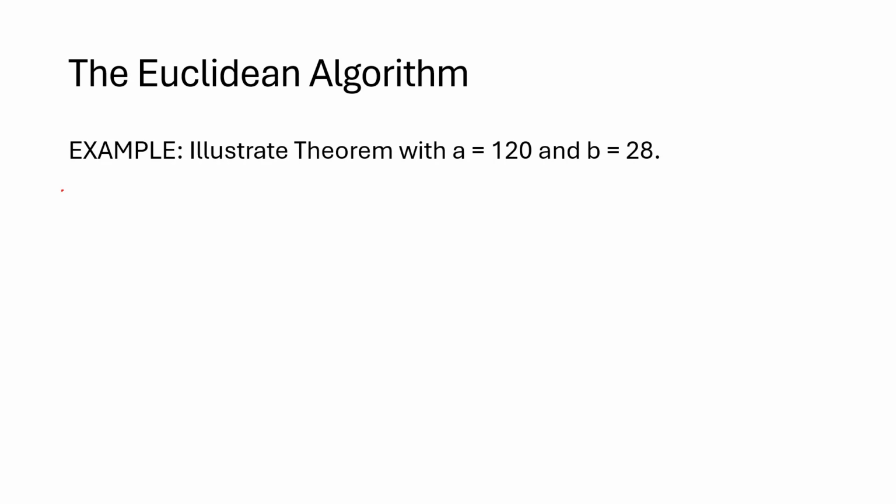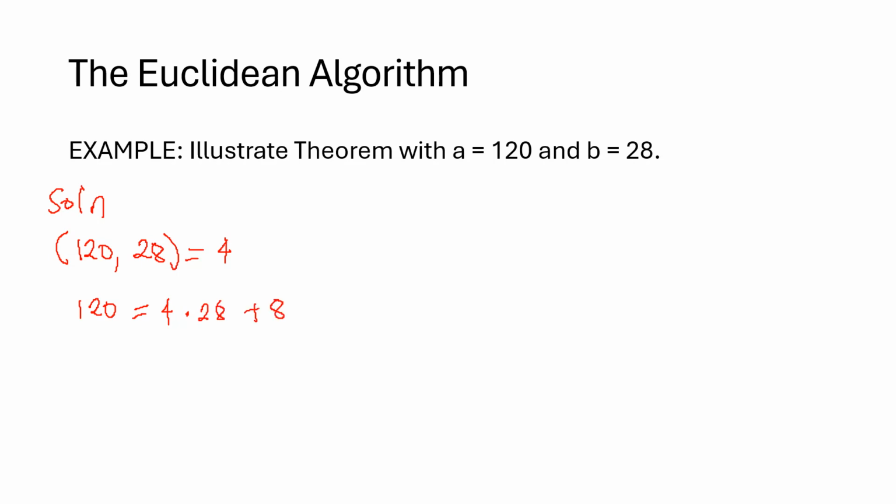For our solution, the GCD of 120 and 28 is equal to 4. Now, by the division algorithm, you have 120 is equal to 4 times 28 plus 8.